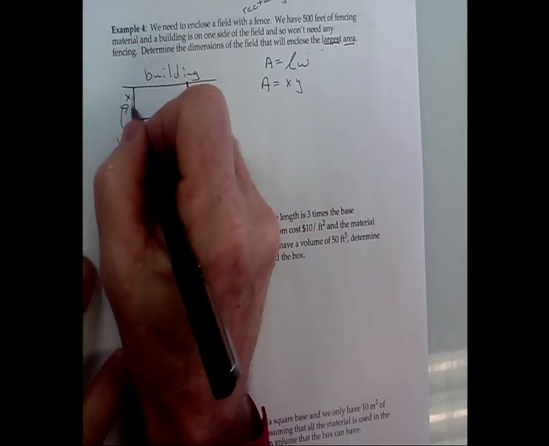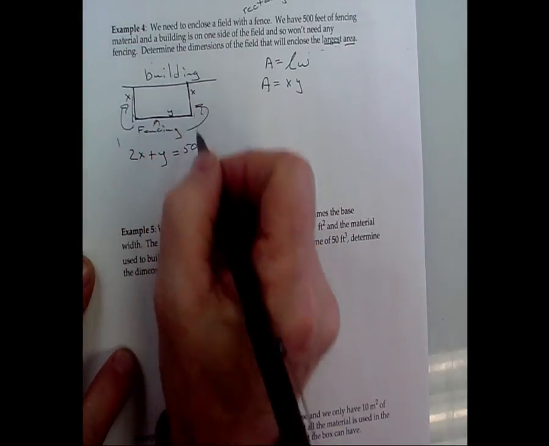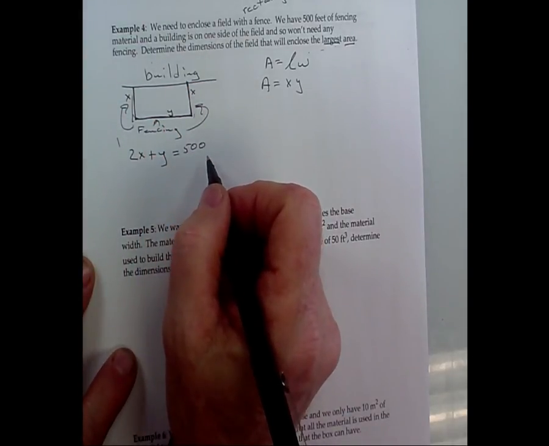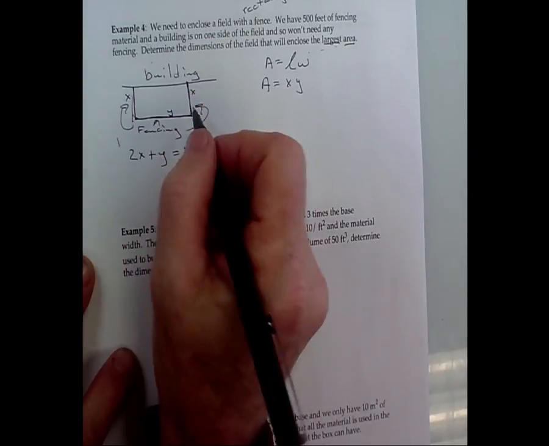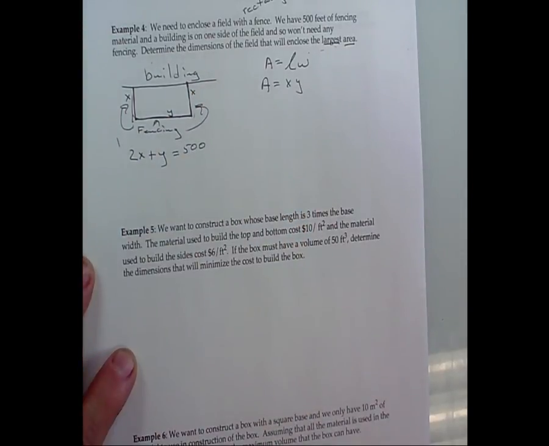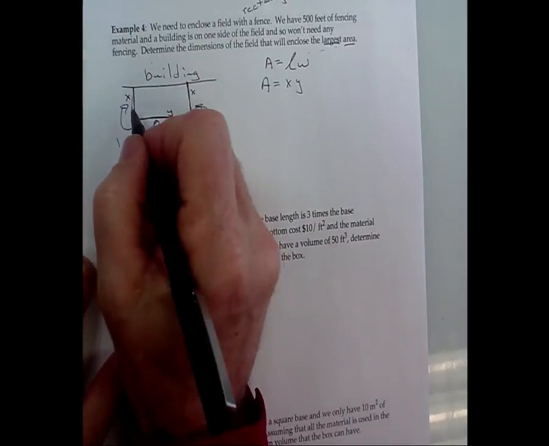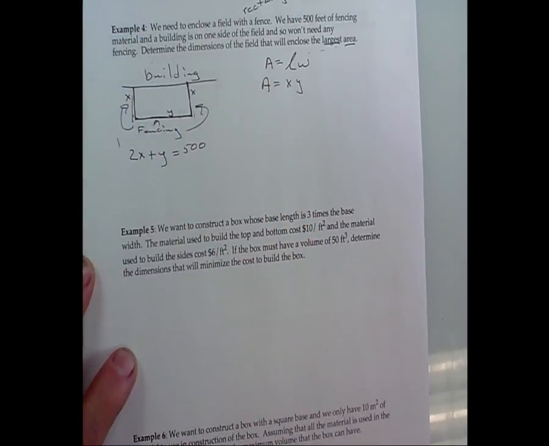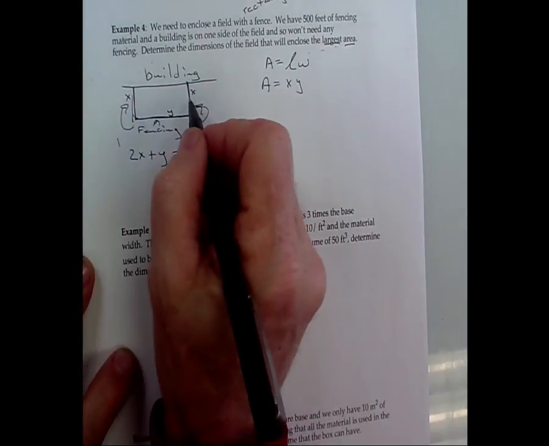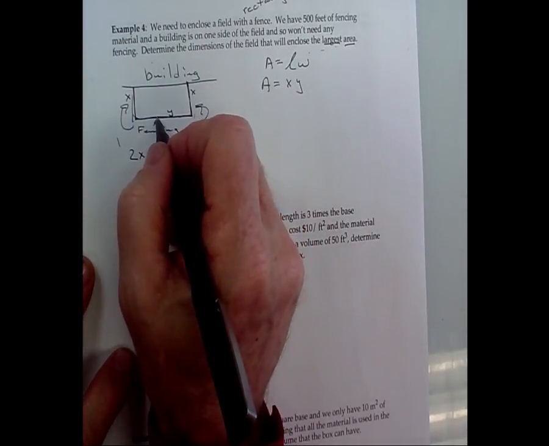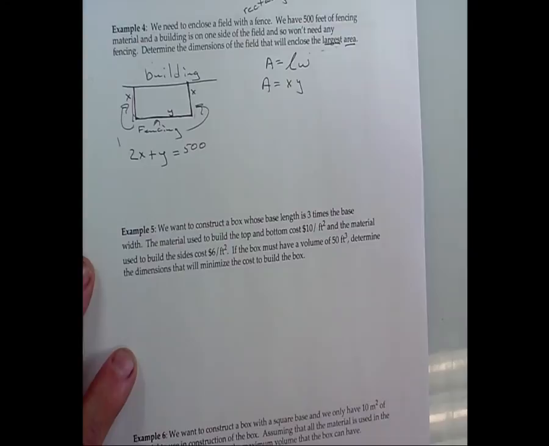So 2x plus y equals 500. 50 plus 50 plus 400 equals 500. 100 plus 100 plus 300 equals 500, correct? 1 plus 1 plus 498 equals 500. Are you okay with that?